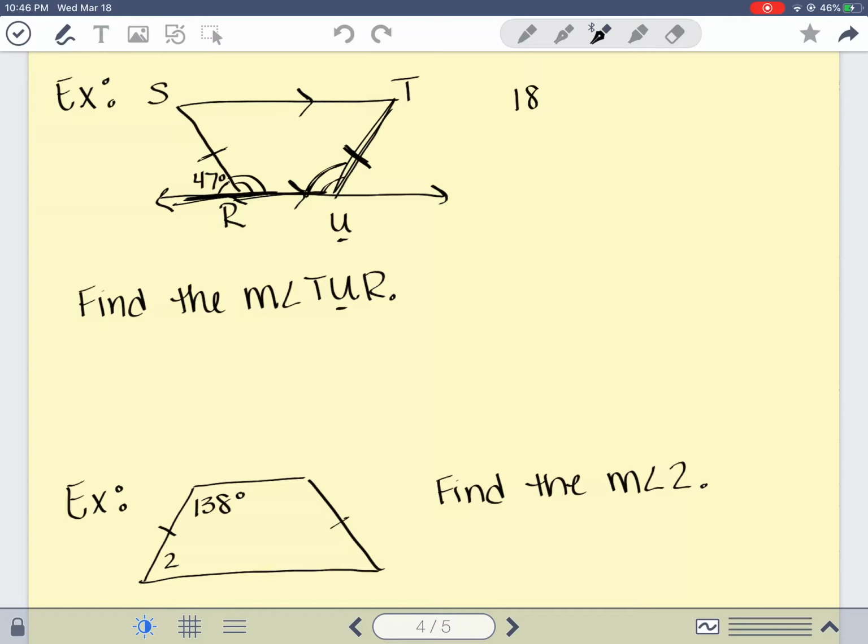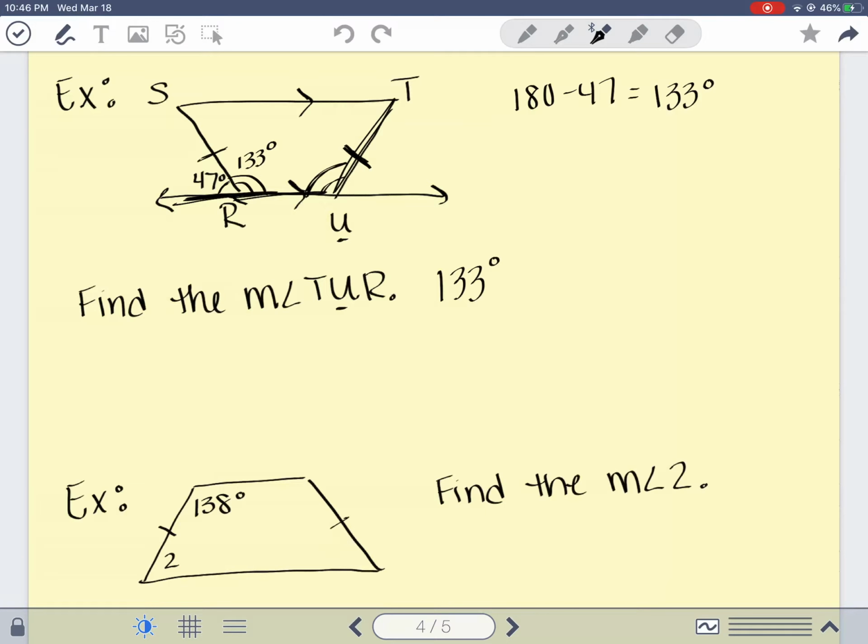So we can do 180 minus 47, and that gives us 133 degrees. So since angle R is 133 degrees, that tells us that the measure of angle TUR is also 133 degrees.